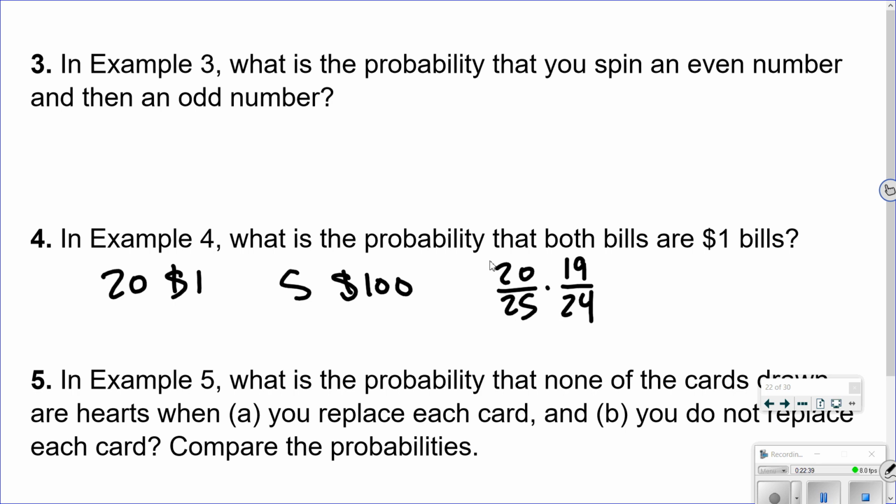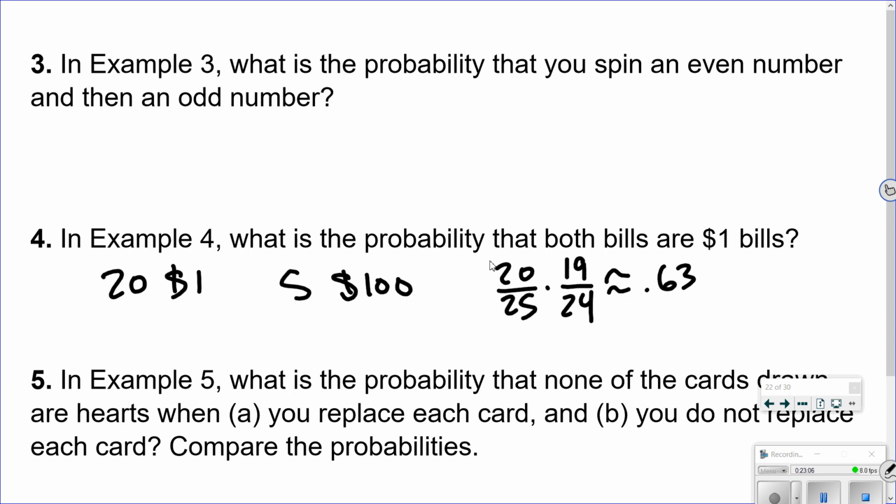Again, I grab my calculator, I times those together. So 20 out of 25, that's 0.8 times 19 out of 24. It comes out to be, as a decimal, about 0.63.